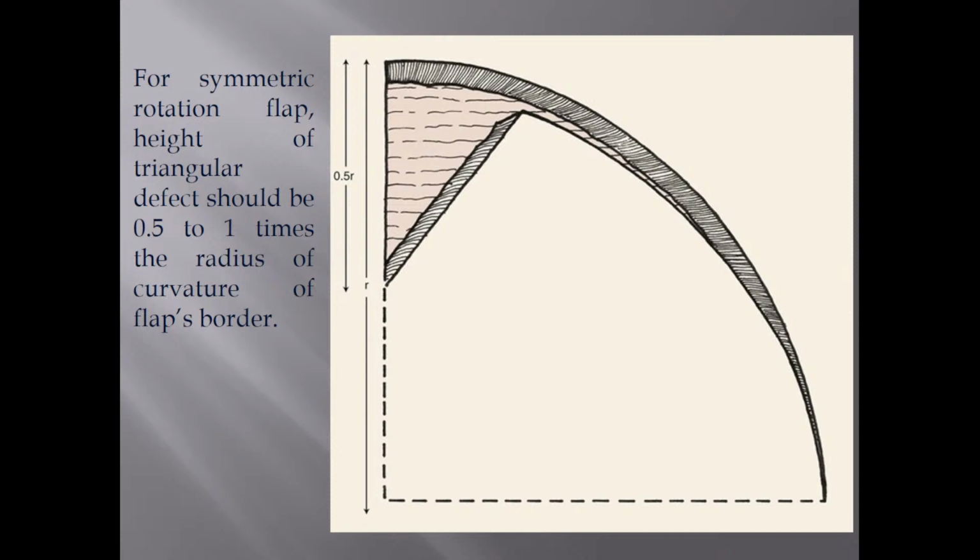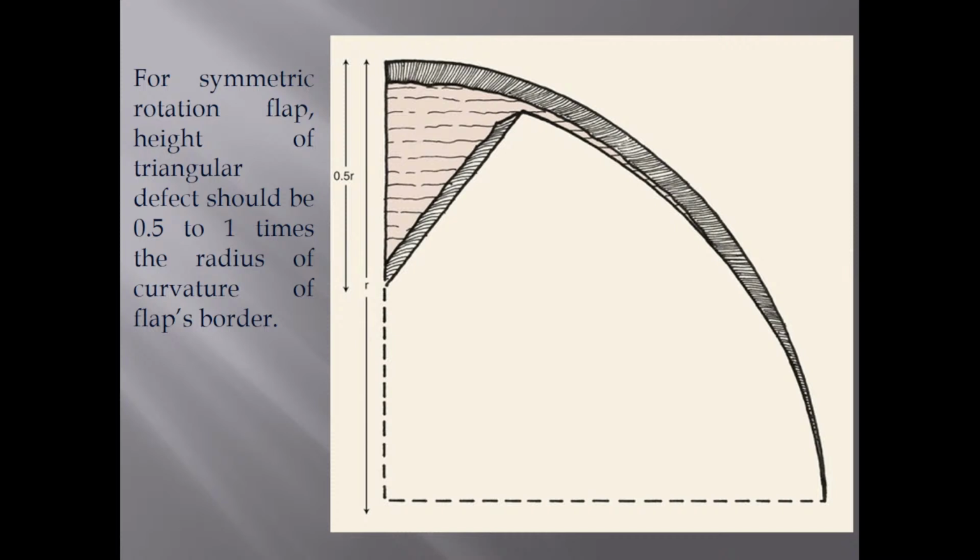There are several advantages of using rotation flaps. The flap has only two sides. As a result, the surgeon can sometimes position the arced incision in a static border. The flap is broad-based and therefore its vascularity tends to be reliable. There is great flexibility in design and position of the flap.